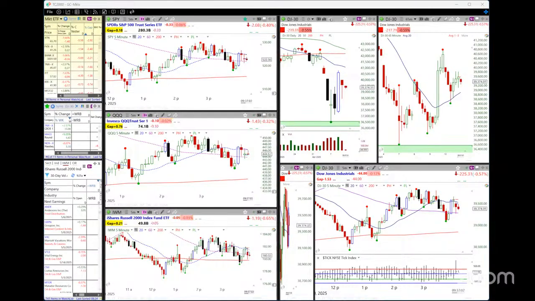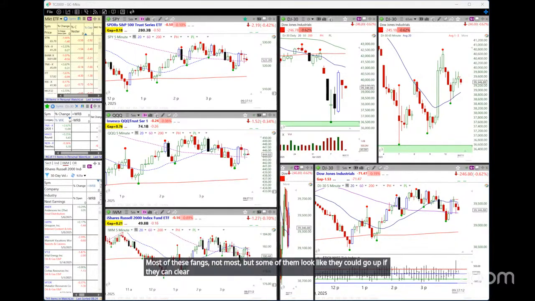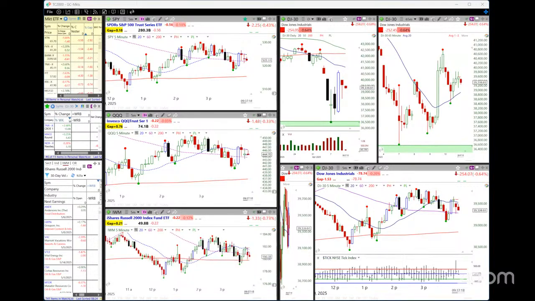And your Tesla looks like you got a lock on that 220 put. Most of these FANGs, not most, but some of them look like they could go up if they can clear the midday resistance. NVIDIA is strong, relative. Microsoft, not bad. I'm looking at 5-minute charts.